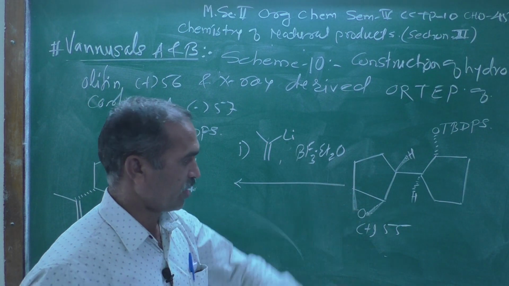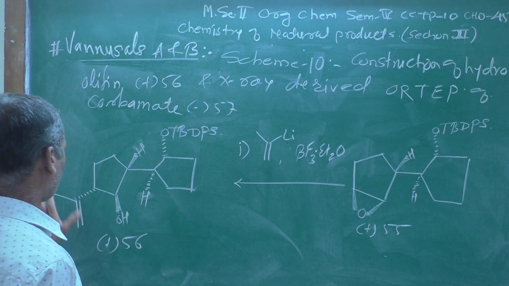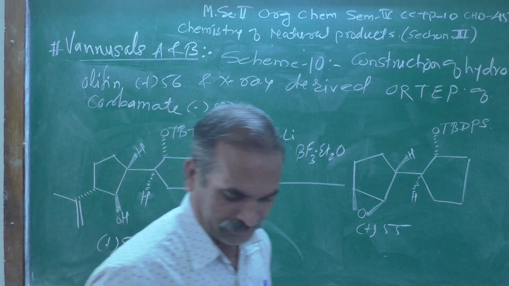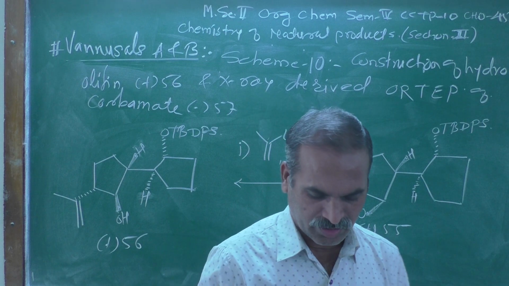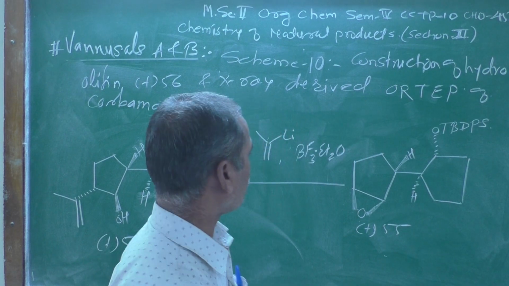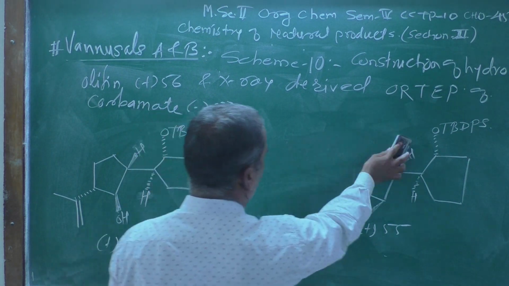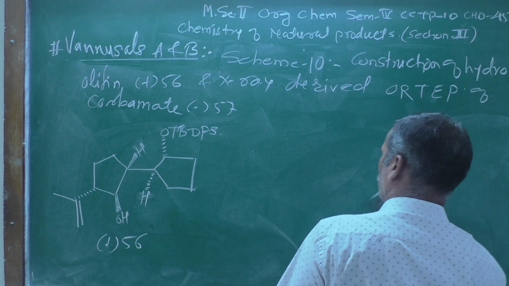Selectively the epoxide gets opened, and this is the structure, plus 56, an enantiomerically pure compound we got over here. After that 56, let me clean this once again, and what do you get over here?